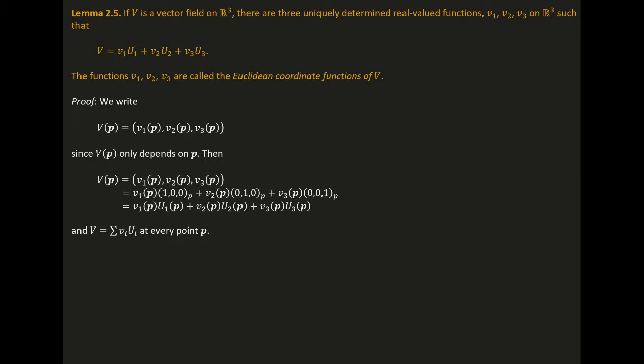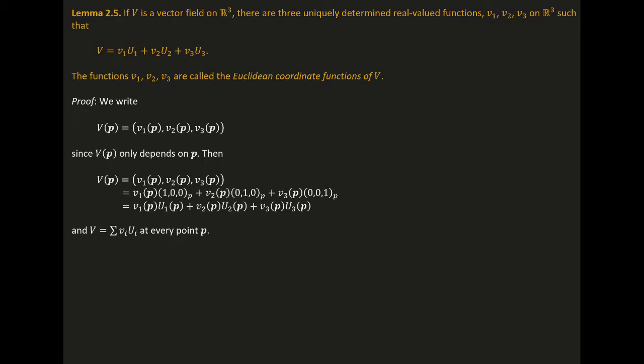We will simply write the tangent vector V of P in coordinates, and we'll call the coordinates V1 of P, V2 of P, and V3 of P. We know that each of these will depend on only P, since the tangent vector V of P only depends on the point P. So that is how V1, V2, and V3 are introduced.